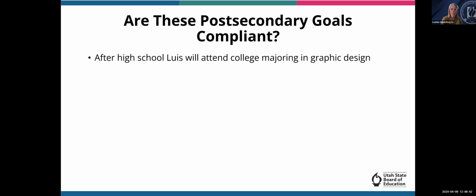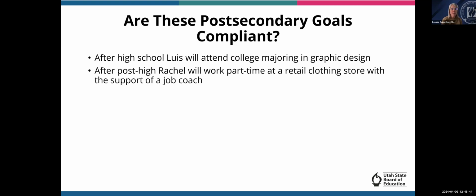So yes, that one is compliant. The second one, after post-high, Rachel will work part-time at a retail clothing store with the support of a job coach. Again, this one has all of those components that are compliant. They've got the active language, when it's going to occur, what the student's going to be doing for employment, and what that looks like in terms of the support. So that's a compliant goal.